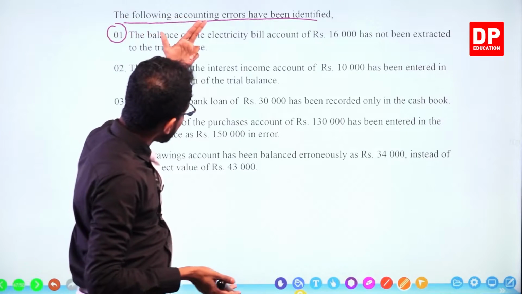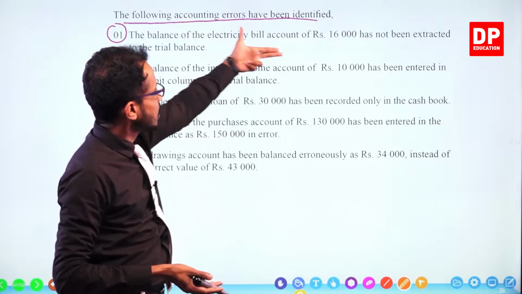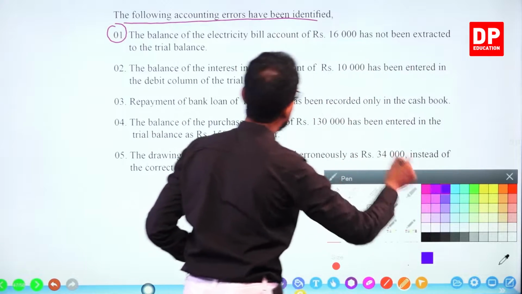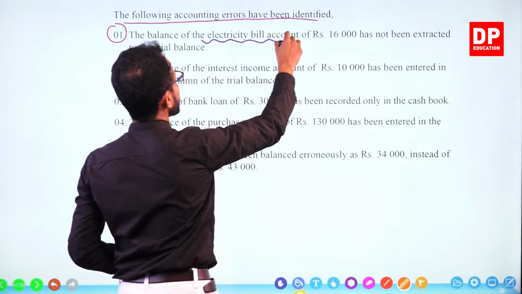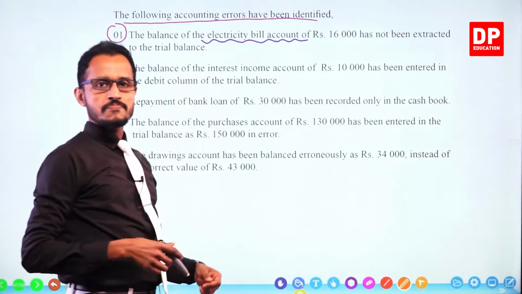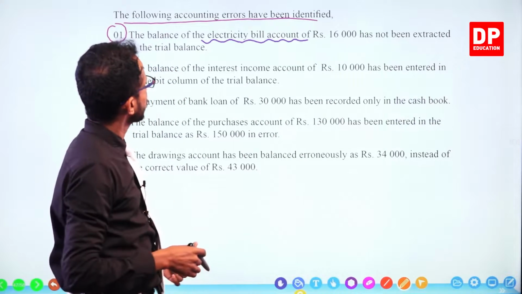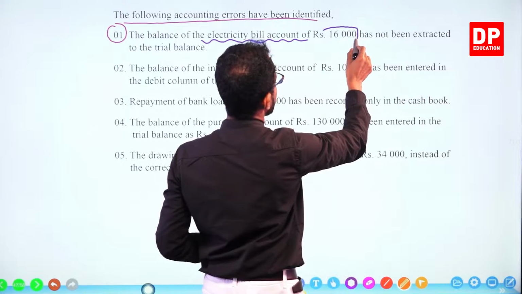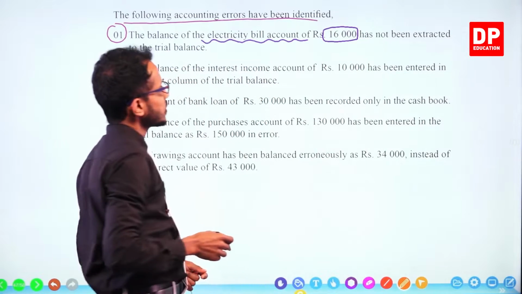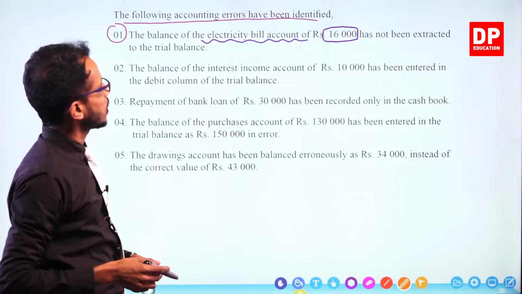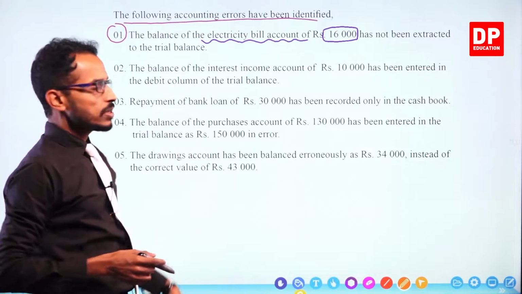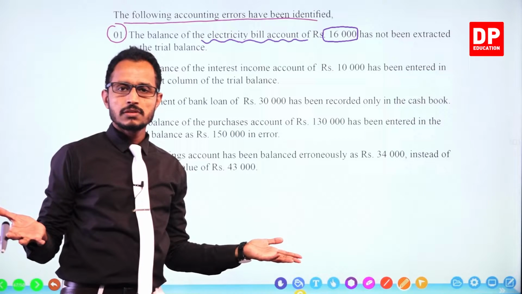There has been an account called electricity bill account, and it had a balance of 16,000. It was not taken to the trial balance.